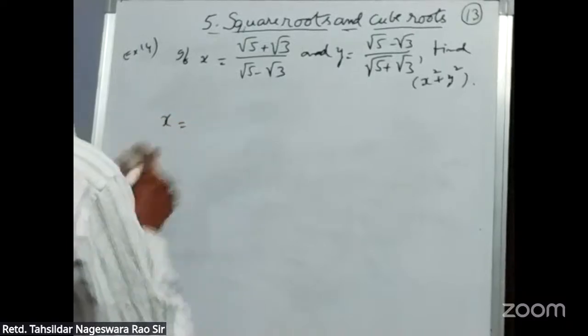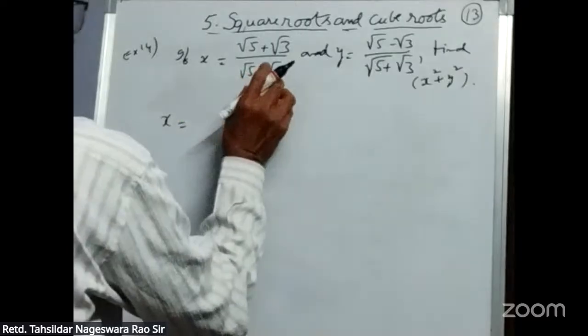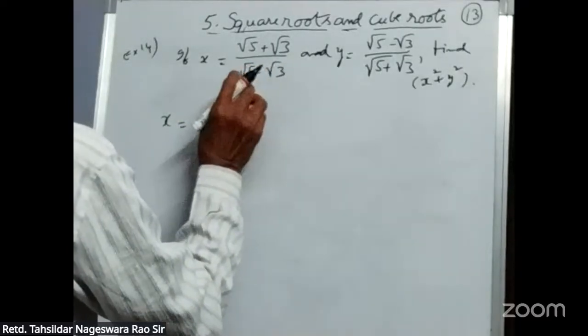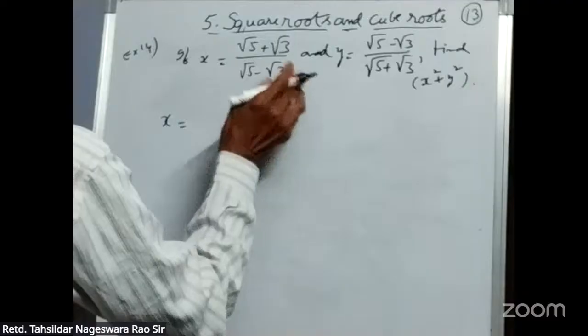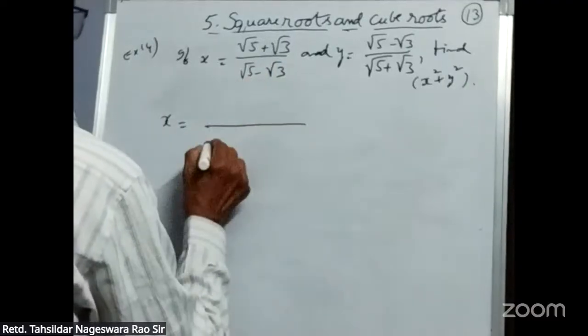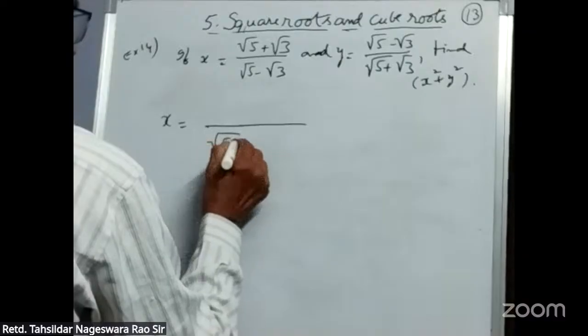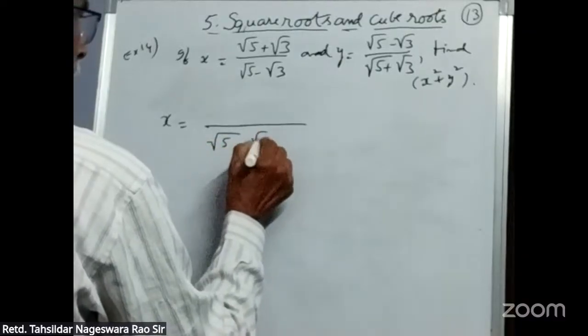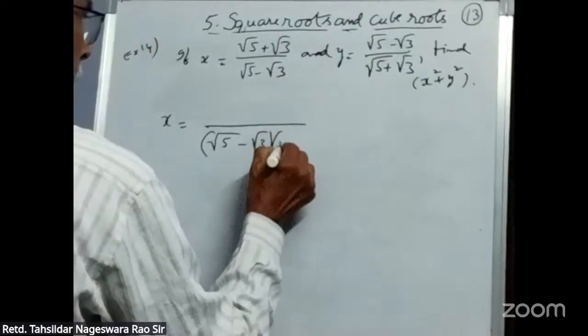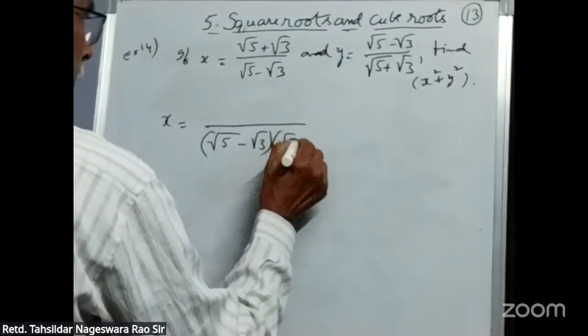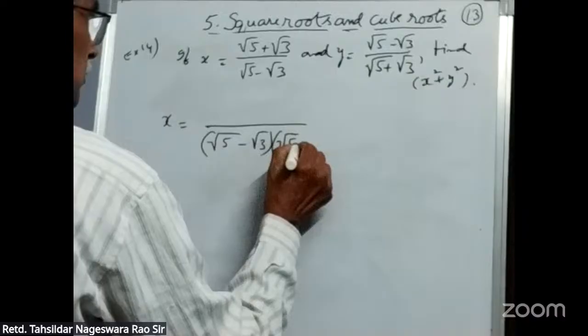I told you when there is a denominator like this, you have to multiply. If it is in the form of a minus b, multiply by a plus b. That's all. The denominator should be simplified first. You have to simplify the denominator always.